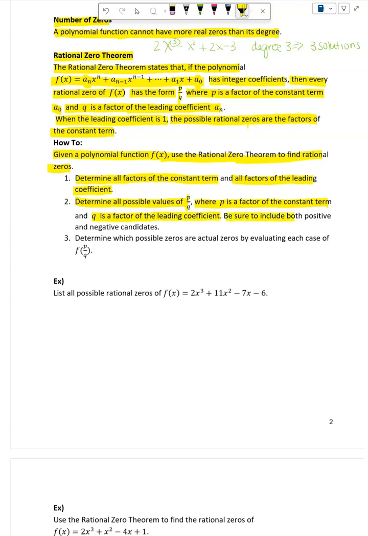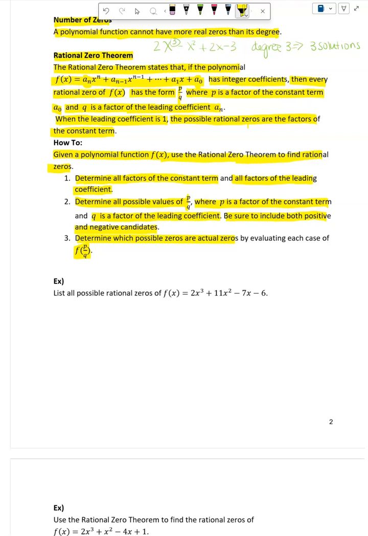Be sure to include both positive and negative candidates. And after you figure all of those out, then just plug those into your function and see which ones give you a 0. The ones that equal 0 will be one of your zeros, and then you can do long division or synthetic division to figure out your others.